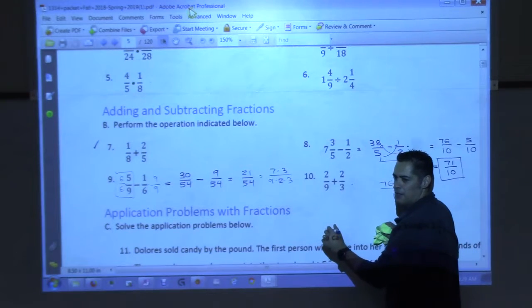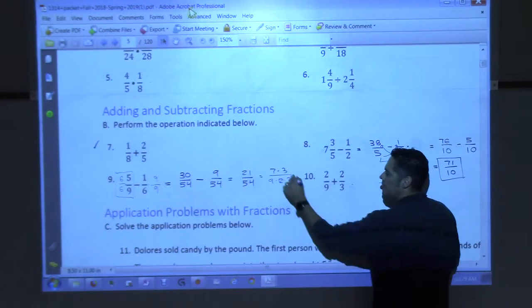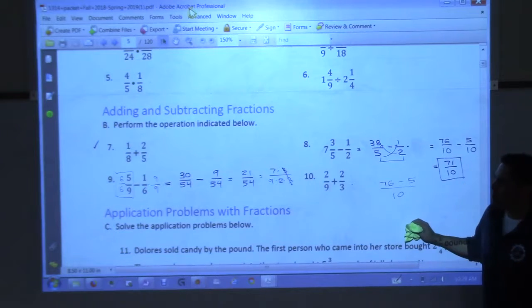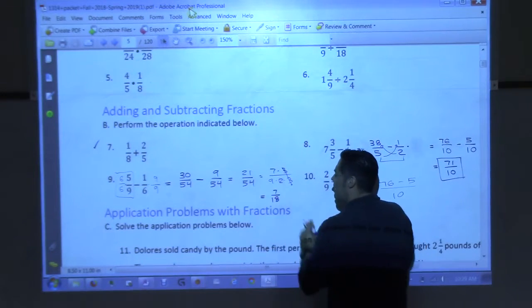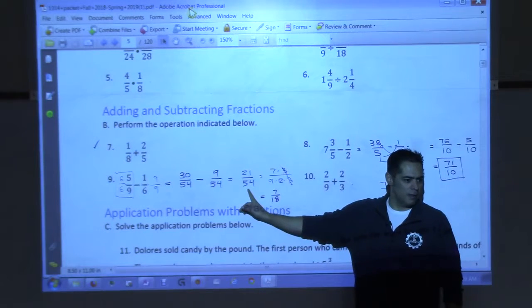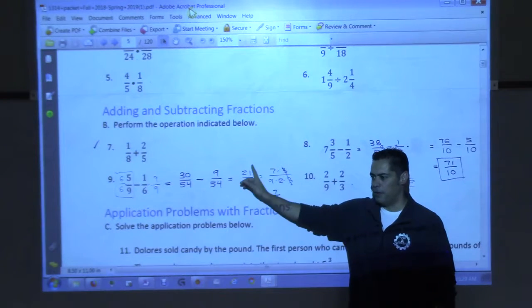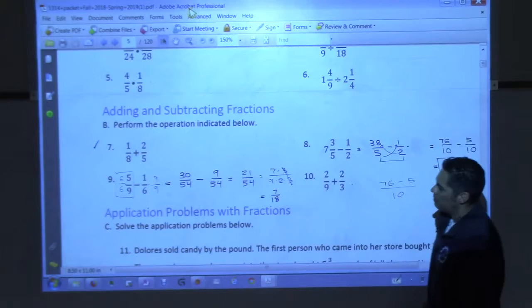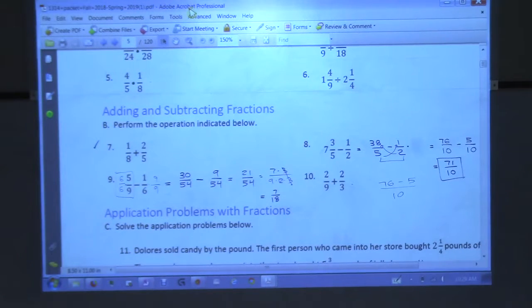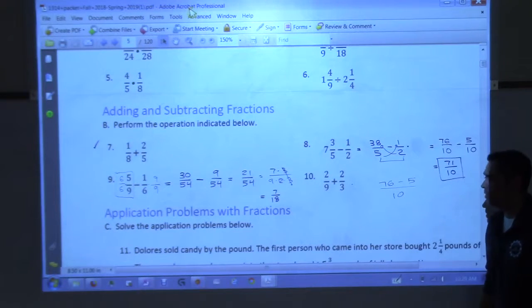I did that fast. Did I do that too fast? No? So really this reduces to be what? 7 over 18. That may not have been that obvious to everyone, that 3 went into both of those. Right? Okay, but it does. So it reduces to be 7 over 18.